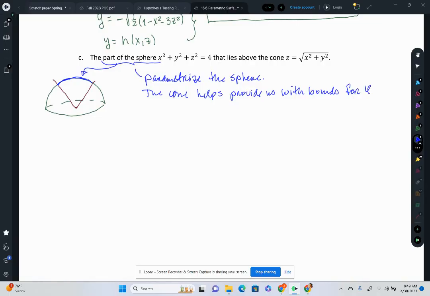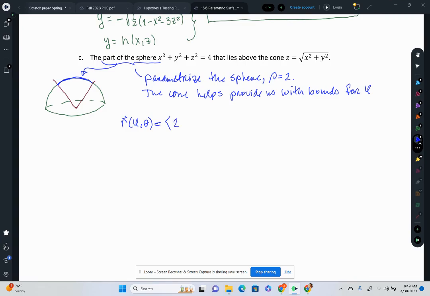So we were told earlier that when we come up with a parametrization for a sphere, we're going to use the parameters r of phi, theta. And let's see, our sphere has a radius of 2. So I want to say rho is equal to 2. That's our fixed radius. So when we come up with the components of our vector, the radius is 2.